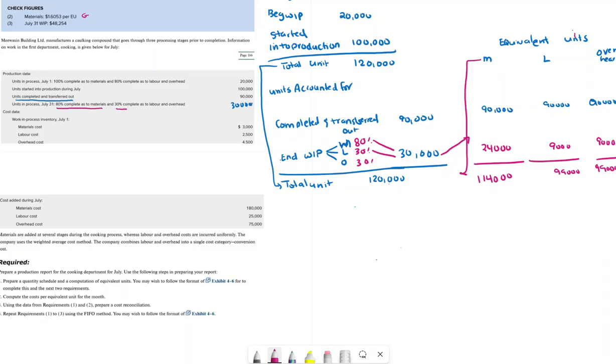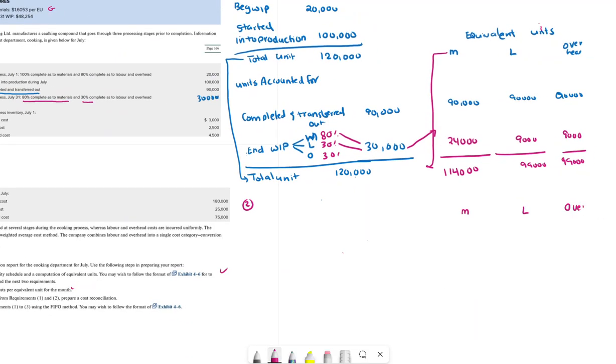So the quantity schedule is done. Now the cost per equivalent unit, that's what we're doing. Less the cost per equivalent unit, that we needed to account for. We also have material, labor, and overhead. Now it is the cost that we are calculating.